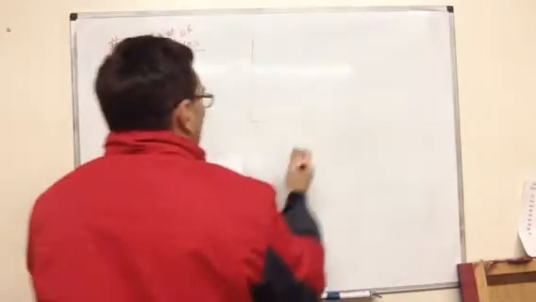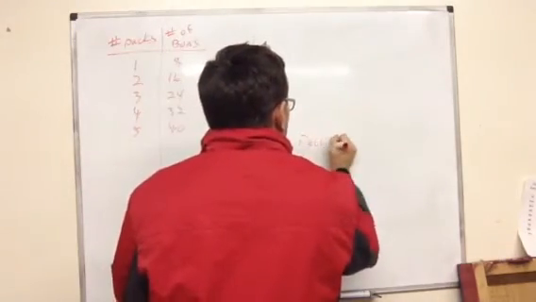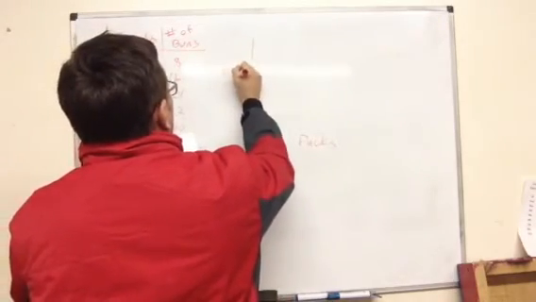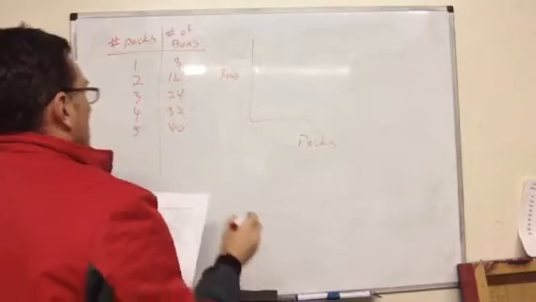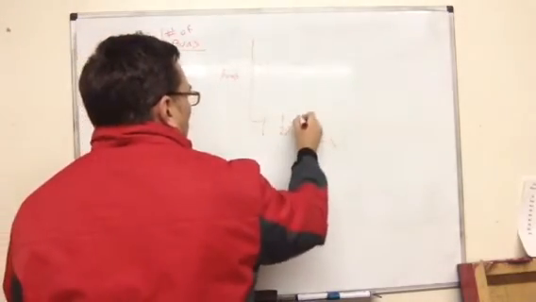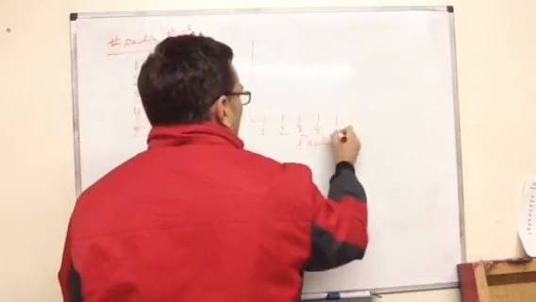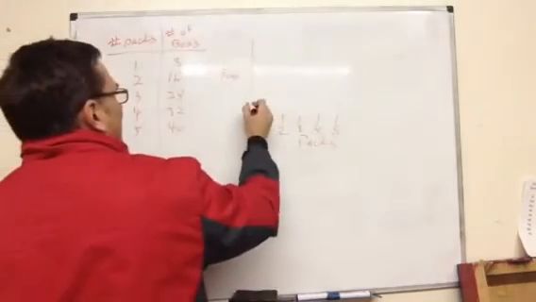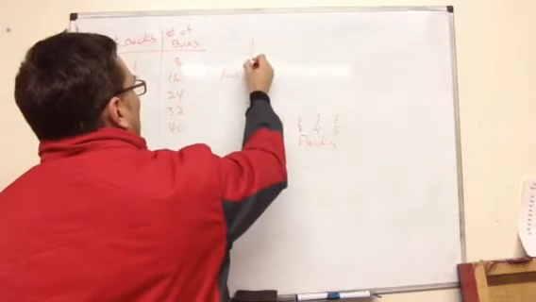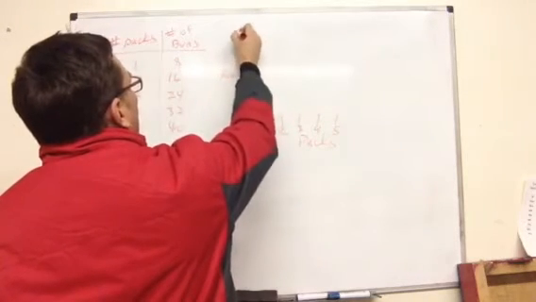In our chart here, we have packs, and we have hamburger buns. Now I want to go up with the number of packs by ones on my graph, and the number of buns, to make it easy, I'm just going to go up by tens. 20, 30, 40.